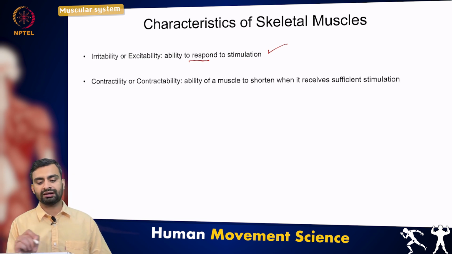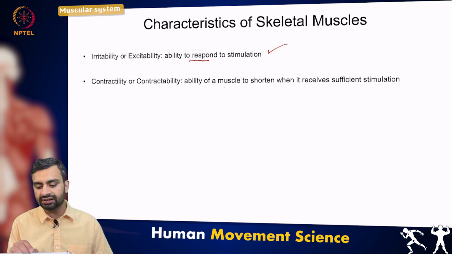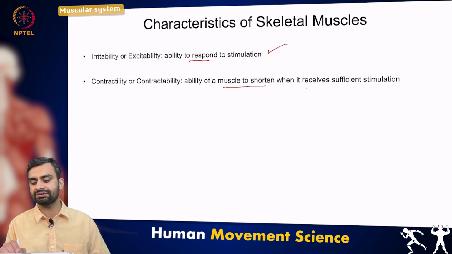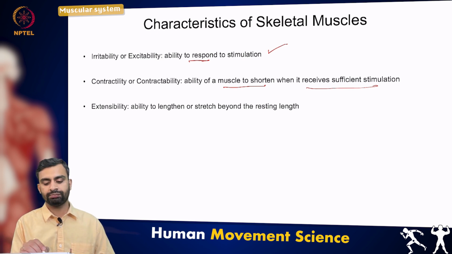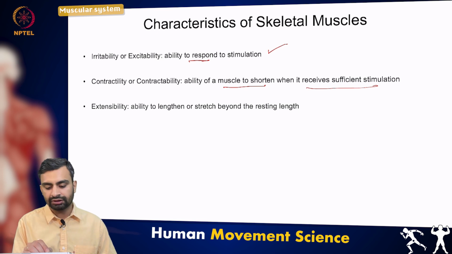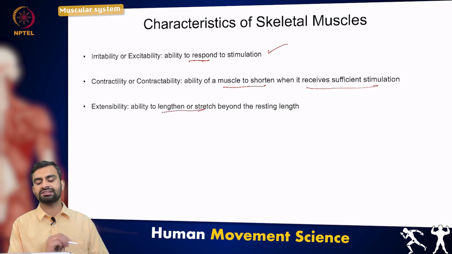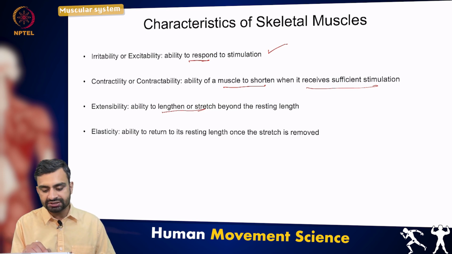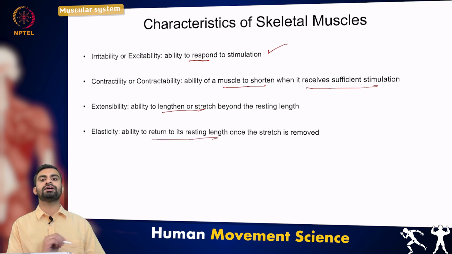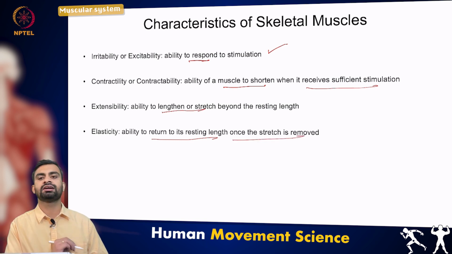Contractility or contractibility is the ability of a muscle to shorten while it receives sufficient stimulation. Extensibility is the characteristic of muscle which helps it to lengthen or stretch beyond its resting length. And elasticity is the property by which a muscle can return to its resting length once the stretch is removed.